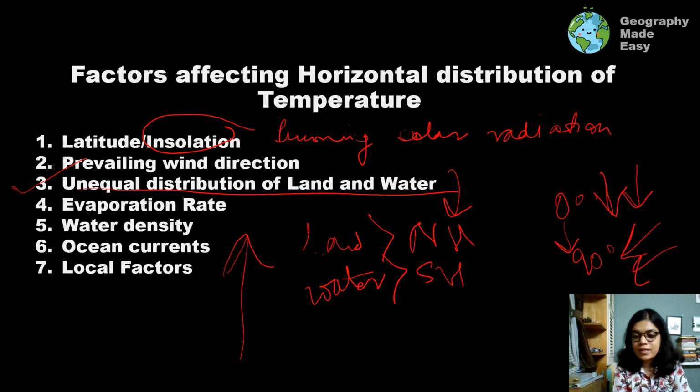Next is ocean currents. Ocean currents are streams of water which are present in the oceans, and these streams can be either hot streams or cold streams. So we see that the warm ocean currents move over the surface, and the cold dense ocean currents move below the surface.